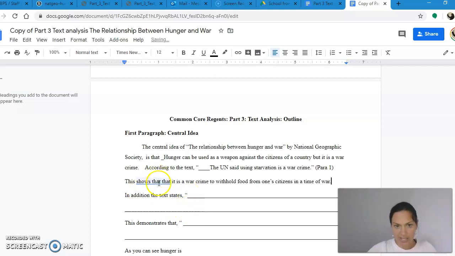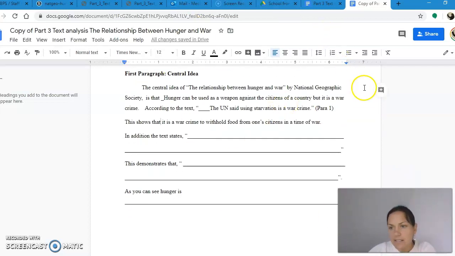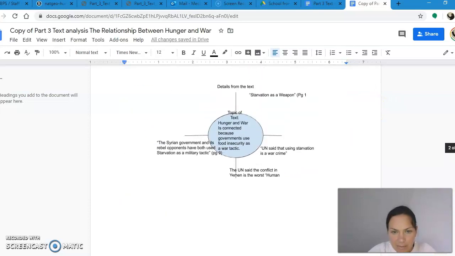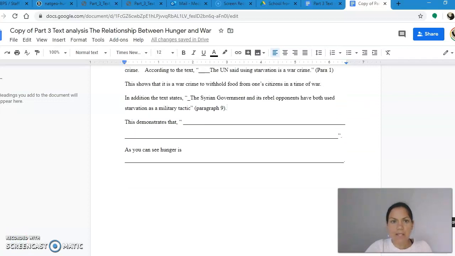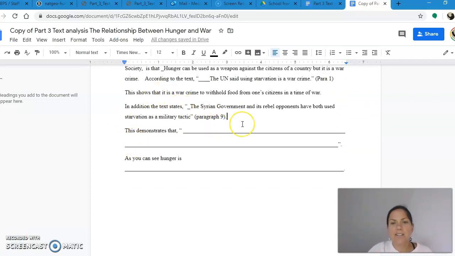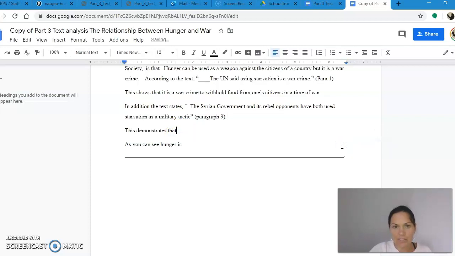In addition, the text says, now here I'm going to use the detail about the Syrian government. The Syrian government and its rebel opponents have both used starvation as a military tactic. Okay, so in addition, the text states the Syrian government and its rebel opponents have both used starvation as a military tactic. This demonstrates, now, here's in our own words, what does this show?